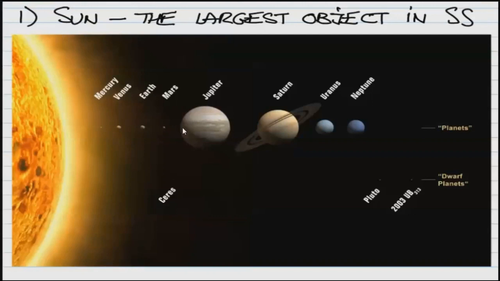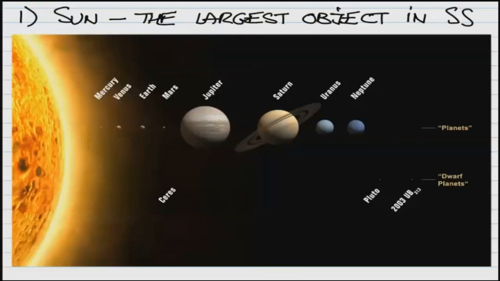Of course, what is presented here are the planets drawn to scale, but the distances from the sun are not drawn to scale, just so that we can fit them all together in one figure and compare their sizes. In addition to planets, there are also so-called dwarf planets.